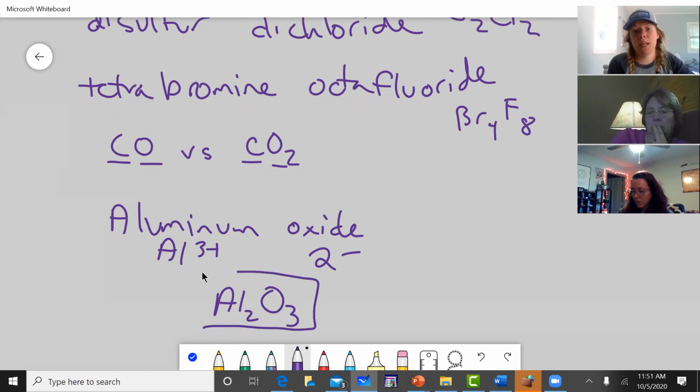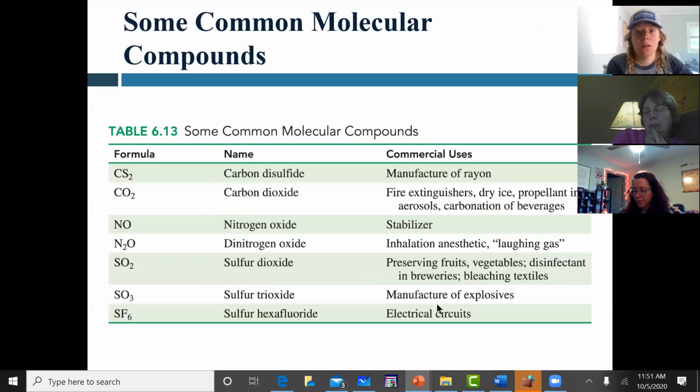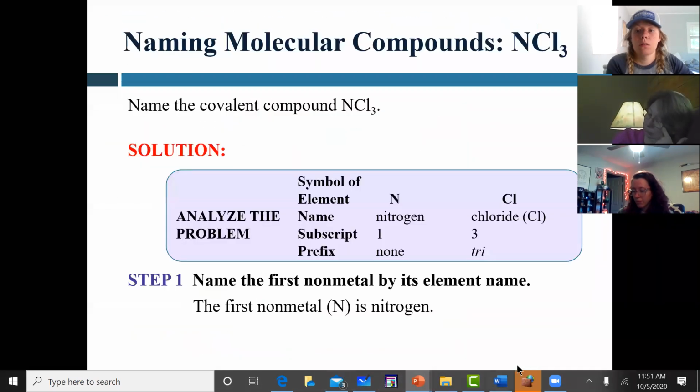That's the only combination that those 2 things are going to come together as, with the flip-flop charges. Any questions thus far on prefixes? Okay.